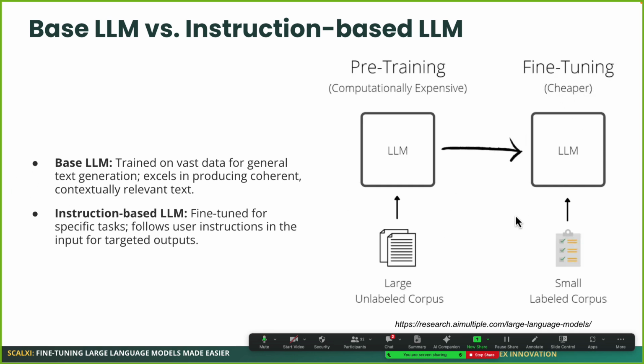In this second case, we also call it an instruction-based large language model, because it will be taught to execute instructions, for example, question answering, or it can be trained to summarize text, or also to do text classification, or for example, sentiment analysis. So there are plenty of tasks that we can teach the pre-trained model to acquire new skills. And this is what I'm going to present to you today.